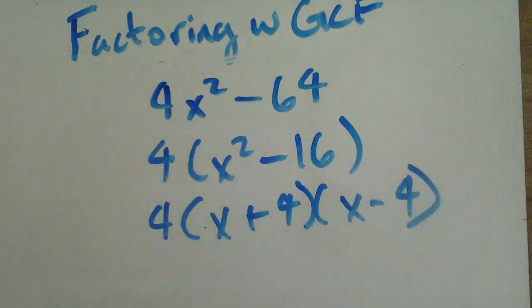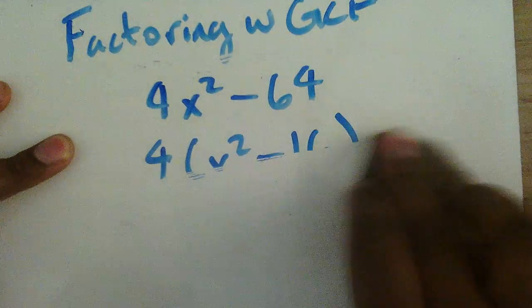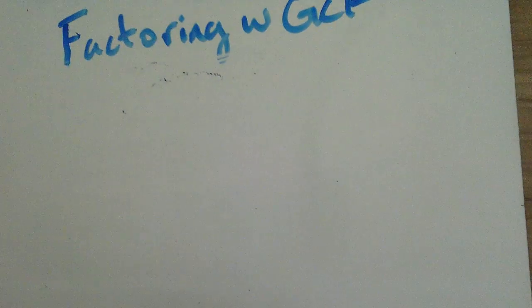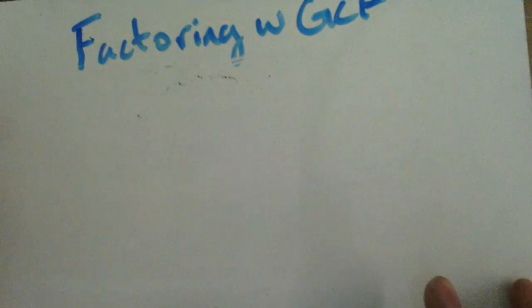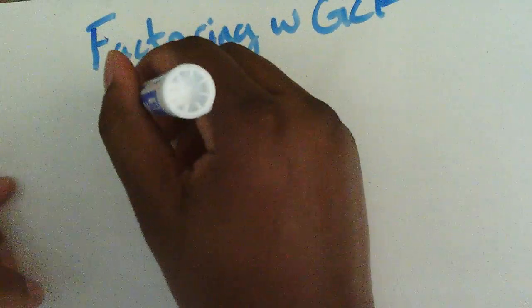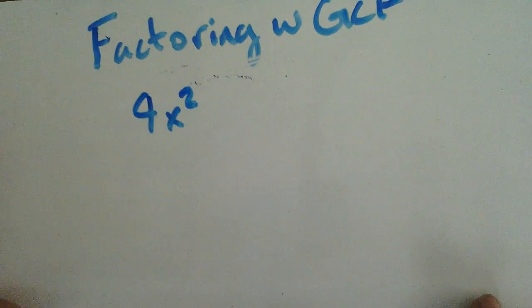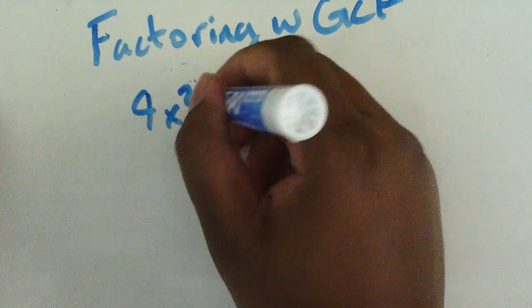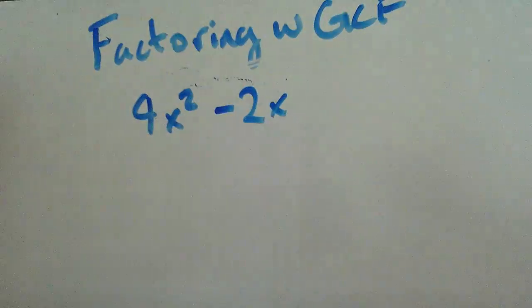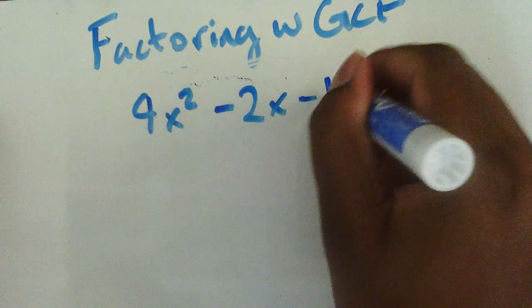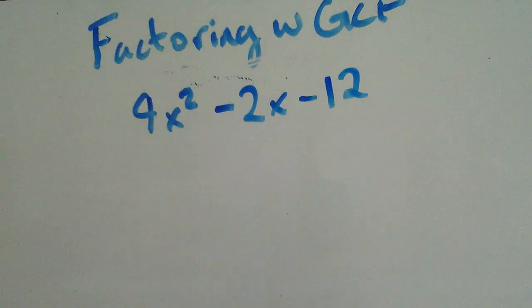All right, last but not least, let's do one more. Let's do 4x squared minus 2x minus 12.